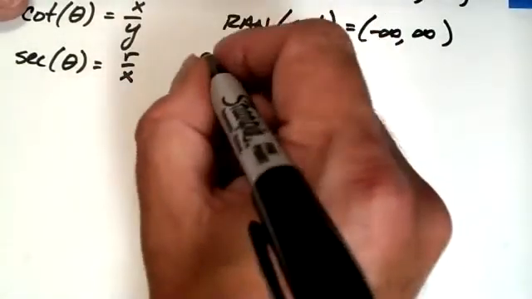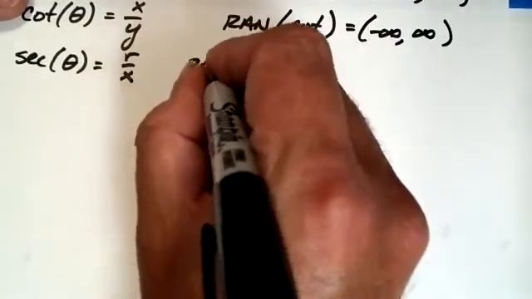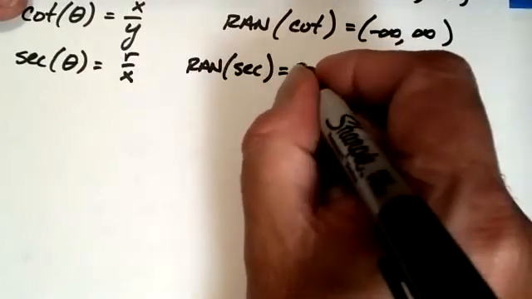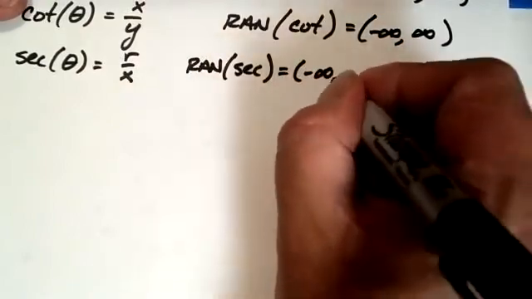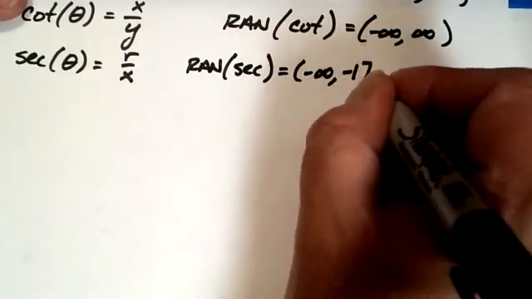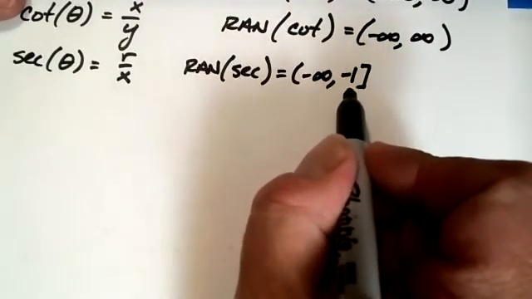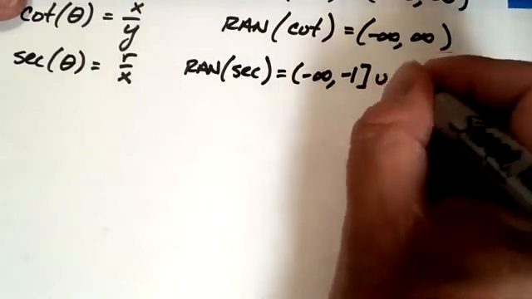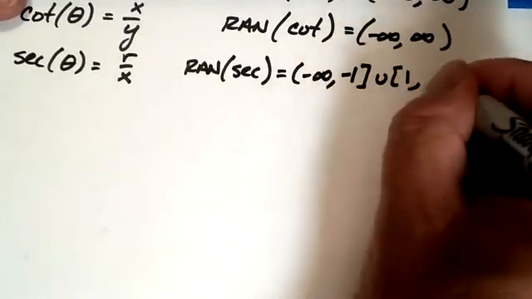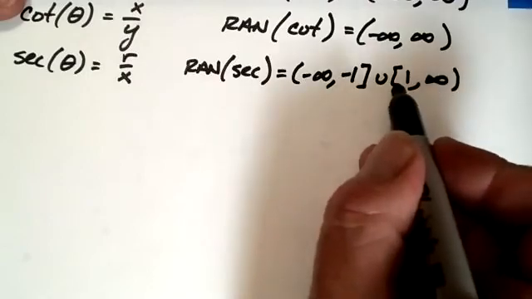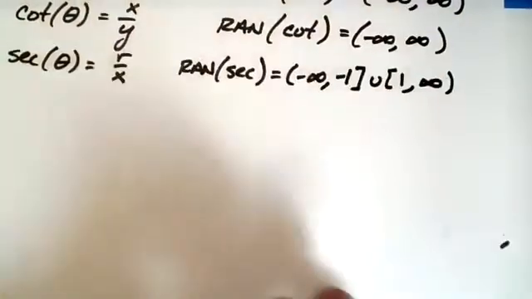All right, and so the range of secant actually happens to be the union of two intervals. So it's any arbitrarily large negative number up to and including -1, together with any arbitrarily large positive number, 1, or any larger number including 1.